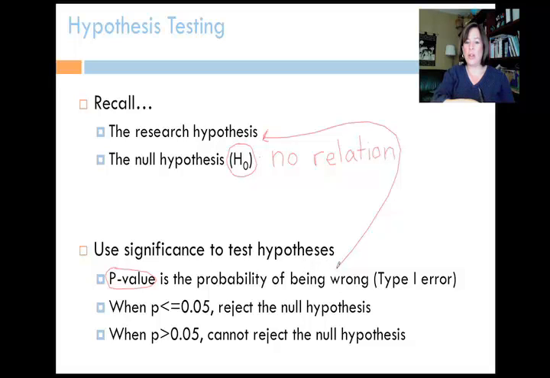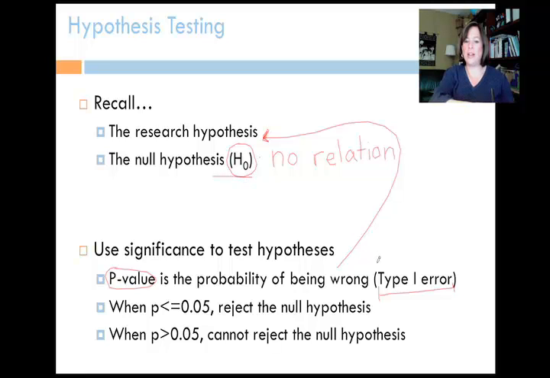And we could be wrong. What that's called is a type 1 error, meaning that we could hypothesize that a relationship exists when indeed it doesn't.